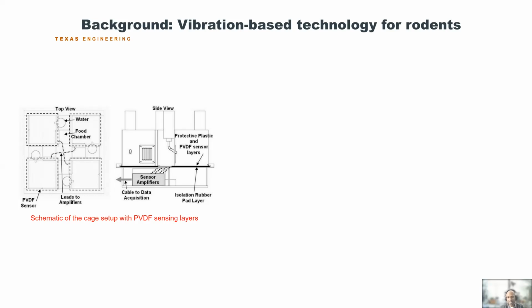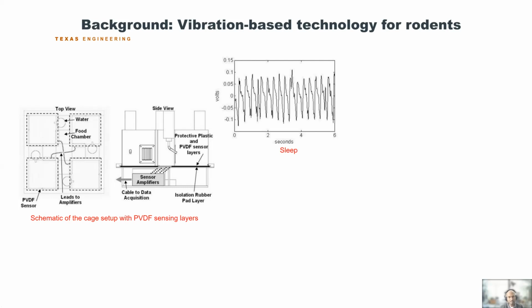With this, they were able to, first of all, track the heart and breathing rate, the low frequency vibration, when the mouse was sleeping. So they anesthetized the mouse and then tried to measure these vibrations. You see the nice cyclic signal here.